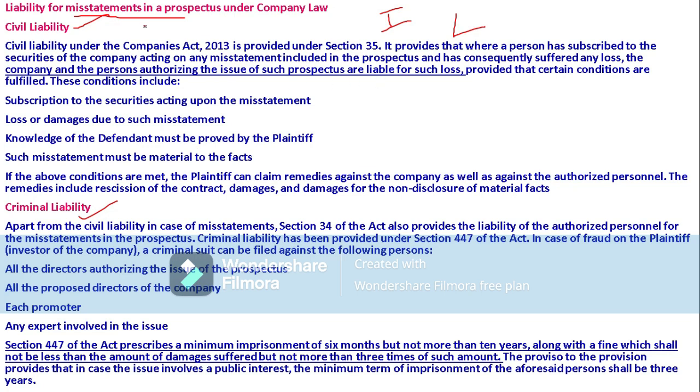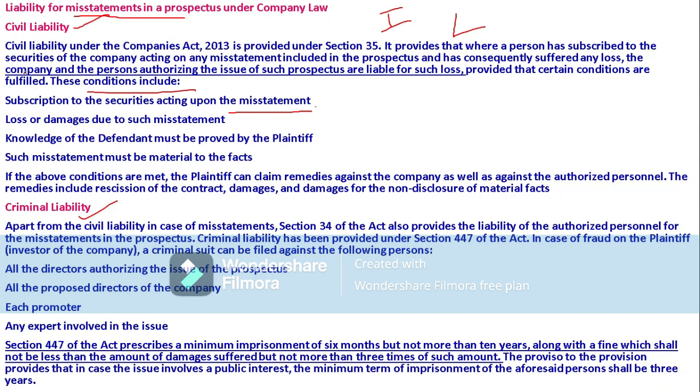When the company or the persons are liable, these conditions should be fulfilled. Subscription to securities acting upon the misstatement. Whenever an investor subscribed to the securities, those securities should have undergone misstatement.